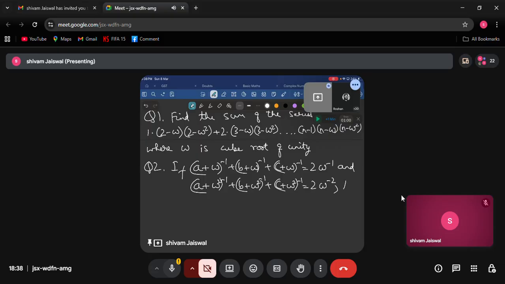Then find the value of 1 by a plus 1 plus 1 by b plus 1 plus 1 by c plus 1.